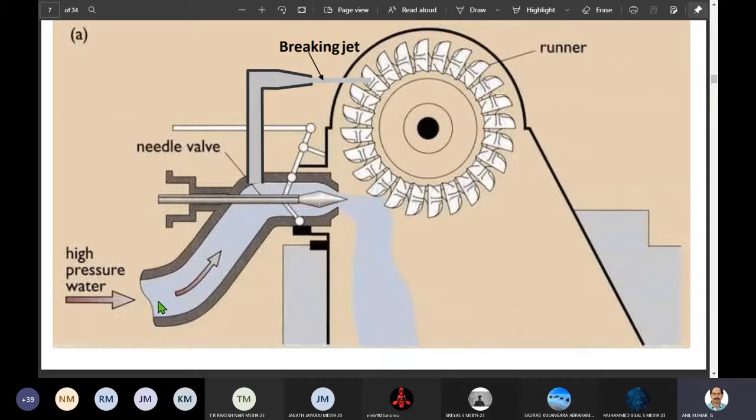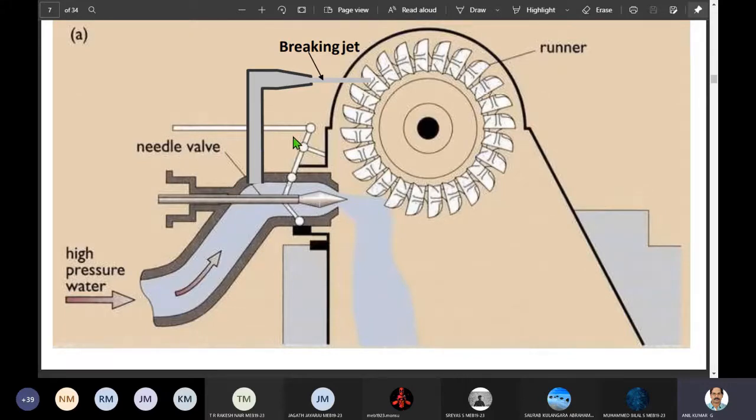It is to convert all the energy possessed by water in the penstock pipes to kinetic energy, to kinetic energy alone. Whatever energy is possessed by water is completely converted to kinetic energy in the nozzle. And this spear valve arrangement inside the nozzle is for regulating the flow or controlling the discharge. Okay, it is controlled automatically.